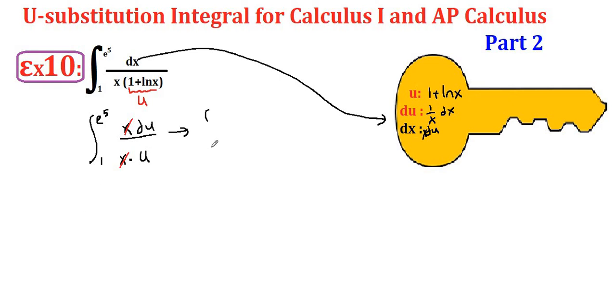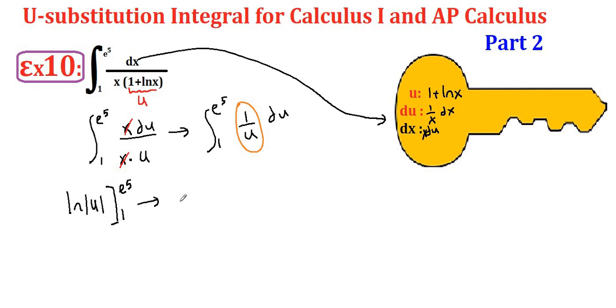So we have the integral from 1 to e to the 5, 1 over u du. The antiderivative of 1 over u is ln of u. So we have ln of the absolute value of u from 1 to e to the 5. This is a definite integral, so we write the boundaries.